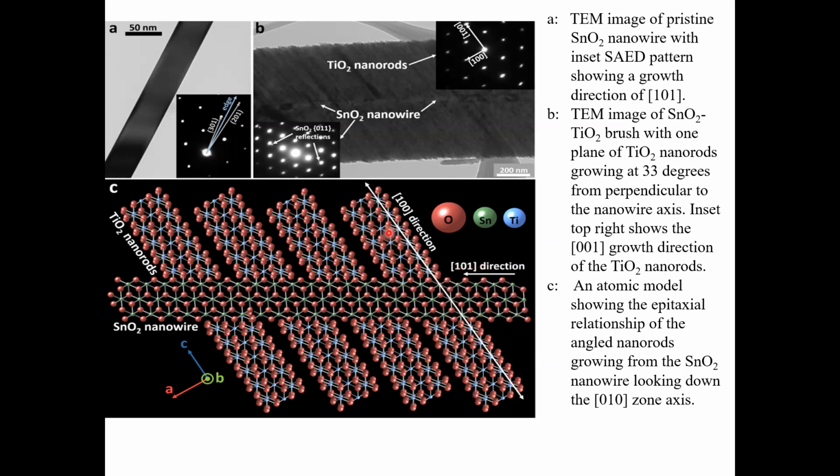And then the TiO2 nanotinsels are growing along the 100 direction. So it should make an angle here of 33 degrees, which you can measure in TEM, and you can actually confirm that indeed it's making an angle of 33 degrees.